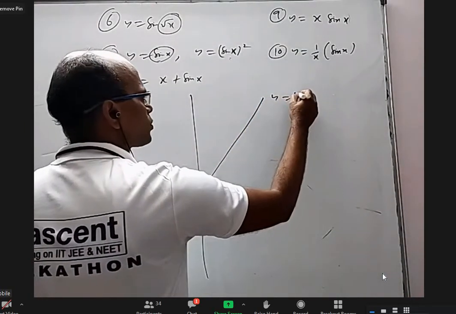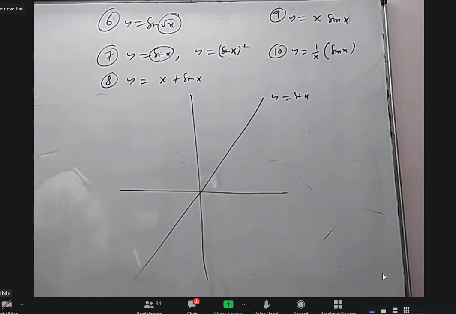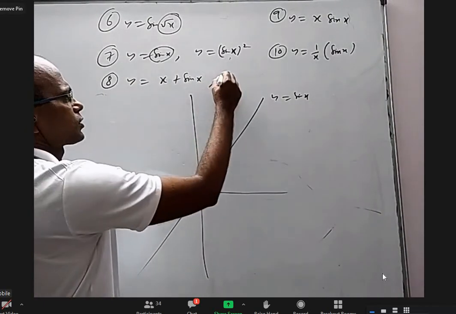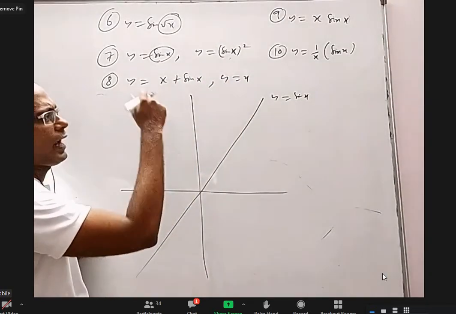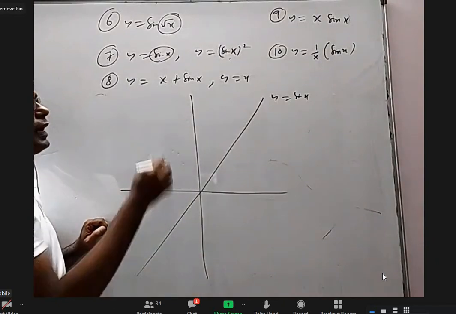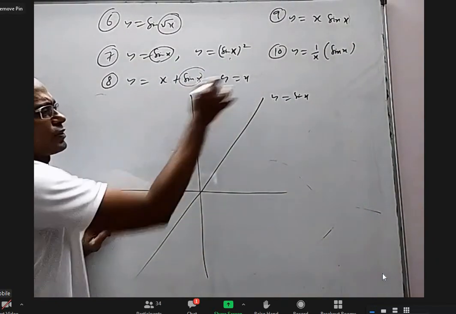This is y equal to sin x. And if you want the y equal to x plus sin x graph, let us take y equal to x and this together. Both are the same at 0, at pi, at 2 pi. Whenever sin x becomes 0, there is no difference between these two, right?